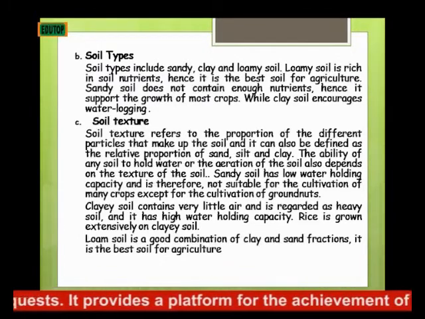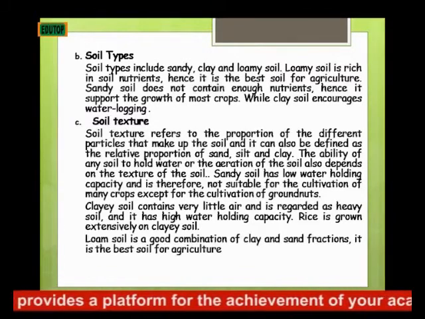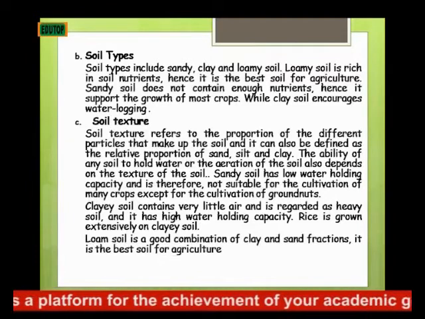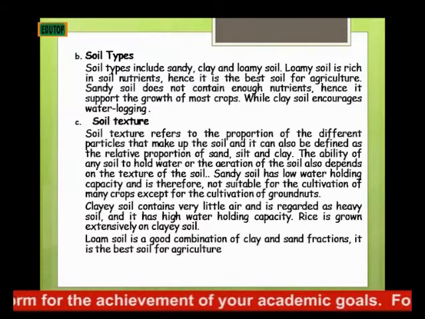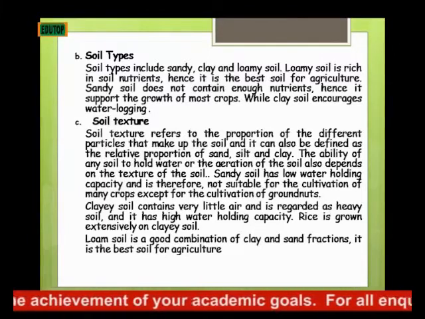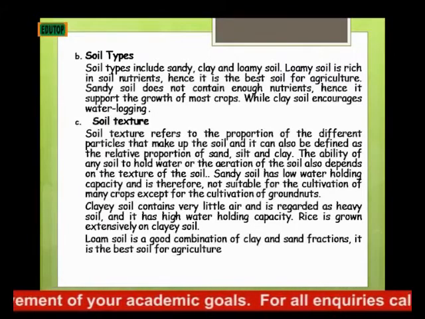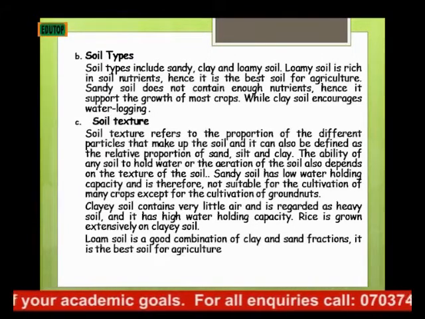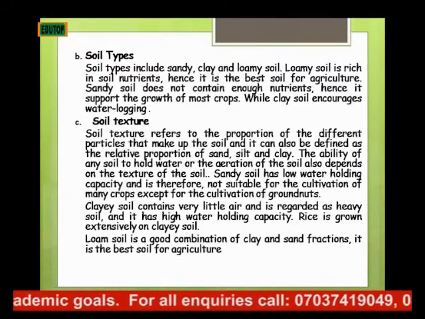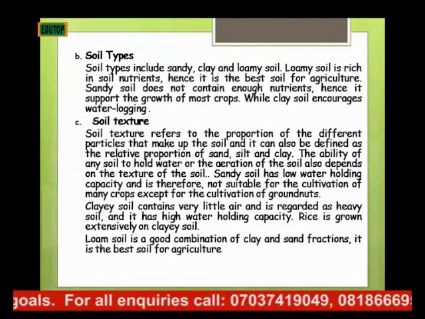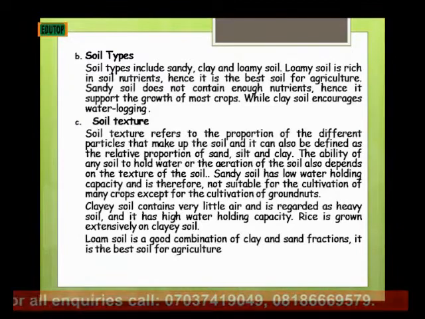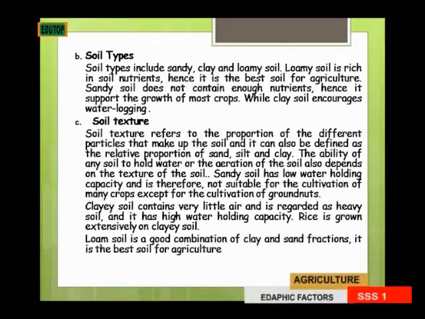Clay soil contains very little air and is regarded as heavy soil, and it has high water holding capacity. That makes it suitable for the cultivation of rice, which requires water, especially in swampy areas.